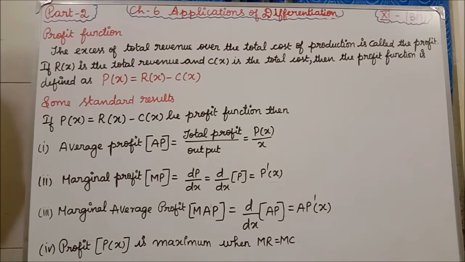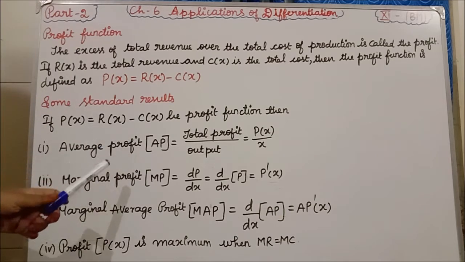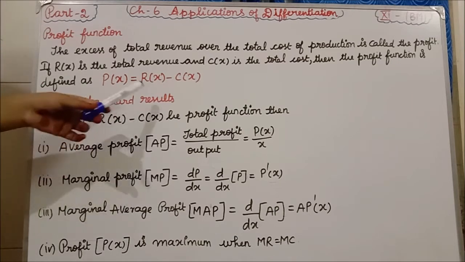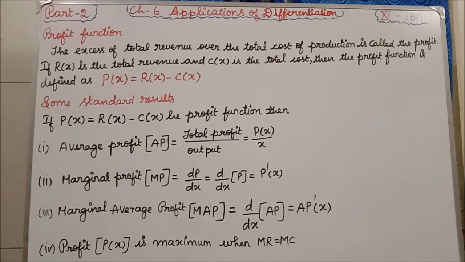If they say profit function, immediately what you have to think? Revenue function minus cost function is the profit function. In lower classes you have learned, in 7th or 8th standard, profit is selling price minus cost price. The same thing, only profit function is equal to revenue function minus cost function. Clear?